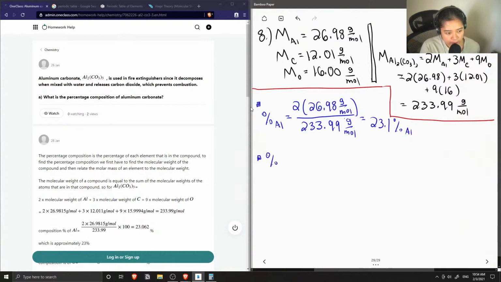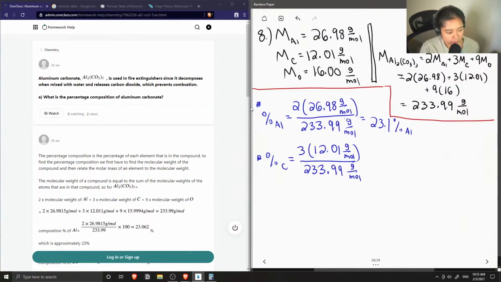So now let's look up the percentage of carbon. So there are 3 atoms of carbon. Carbon's molar mass is 12.01 grams per mole. And again, the total molar mass is 233.99.